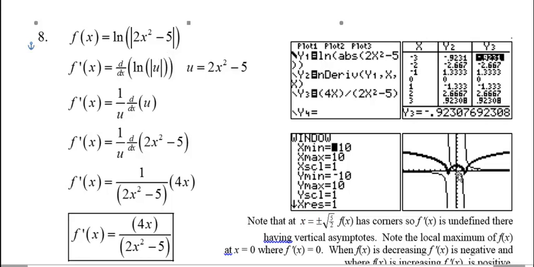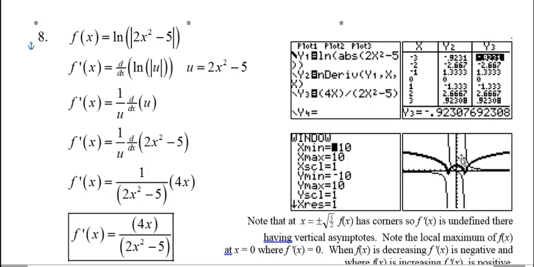Let's see, is that true? Yes, that's true. The original function is undefined there because this part right here would be 0, and the absolute value is 0. The log of 0 is undefined. So the original function is undefined right here at those points.